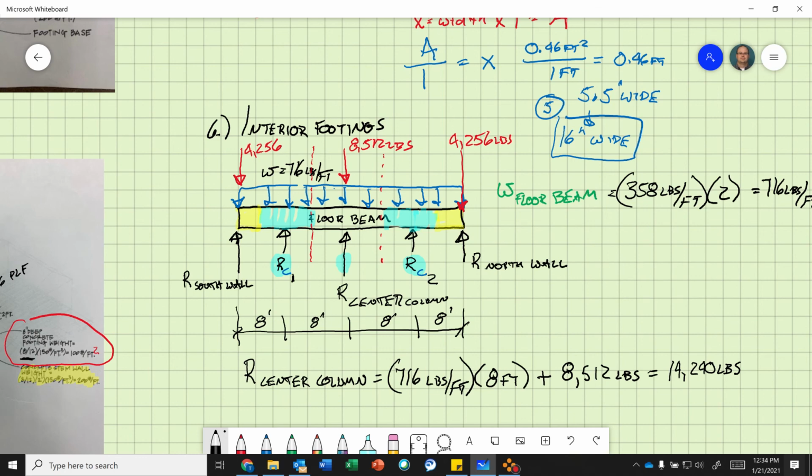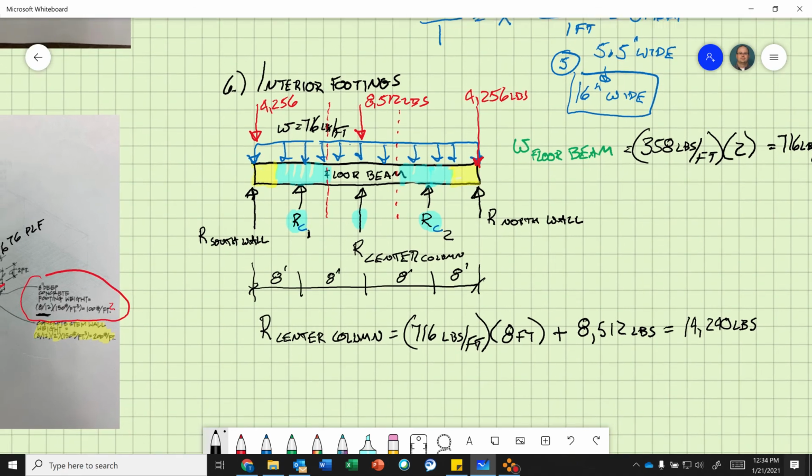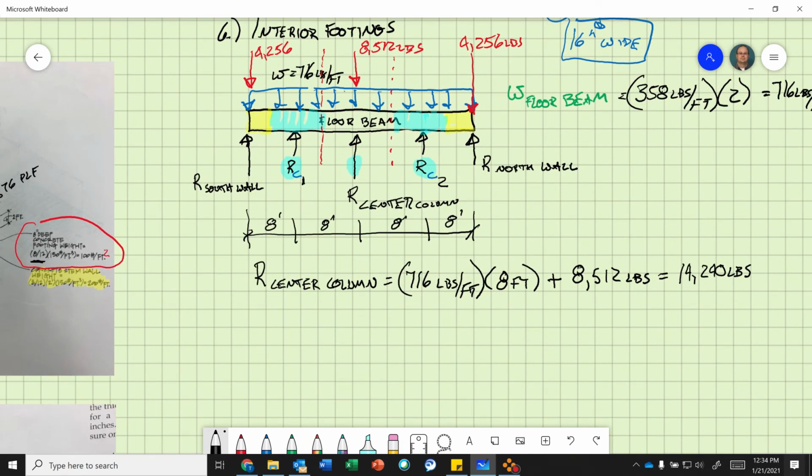So the book gets a little bit different answer, which is not a big deal. So maybe I made a math error somewhere, but that's why people check your work. They get 714. I get 716, probably because I rounded up before. So it depends when you start rounding. It's okay to be higher than lower.